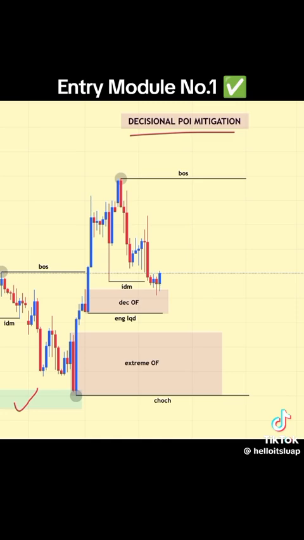The way that we confirm after a mitigation of an order block, or an order flow in that case, is that upon mitigation you need to wait for a reversal pattern right here. Most of us know the reversal patterns. There is the pin bar, the bullish engulfing, the dark cloud cover, the piercing line, all of those strong reversal patterns.